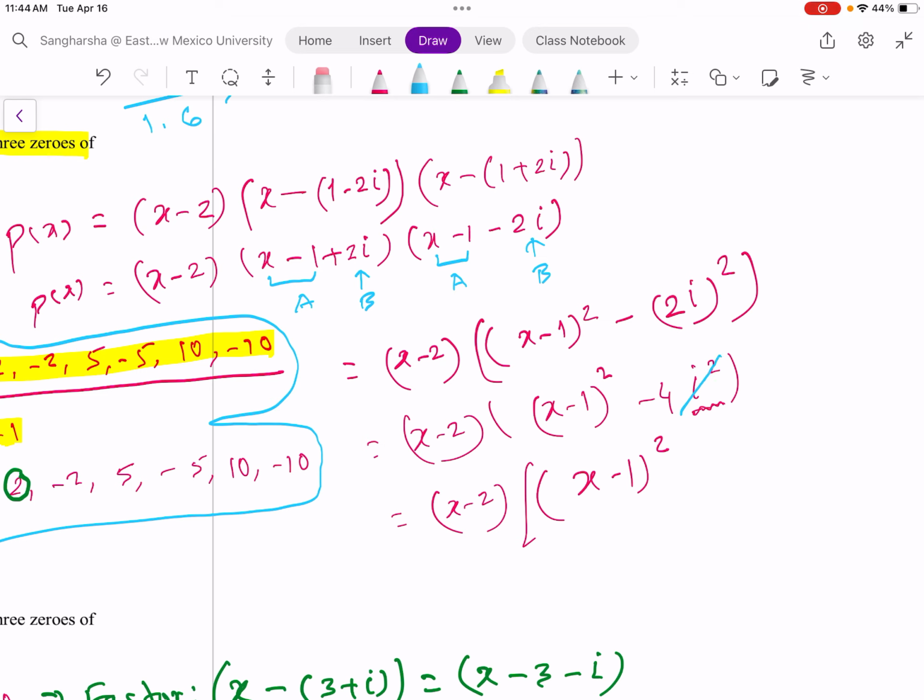So we have positive 4. At least I want up to here as a final answer. And if you can still distribute, you can still simplify here. x minus 1 squared is the same as x minus 1 times x minus 1. Use FOIL and collect the like terms.